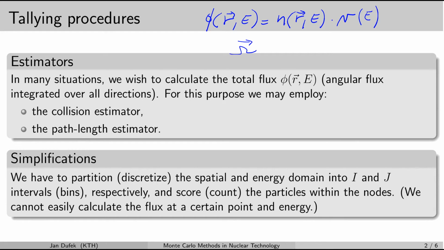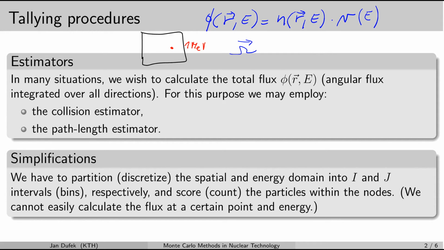So if we have a system, we may want to calculate the neutron flux in a certain position in the system, for instance here, for neutrons with a specific energy, for instance 1 MeV. Now imagine that the system is very large.